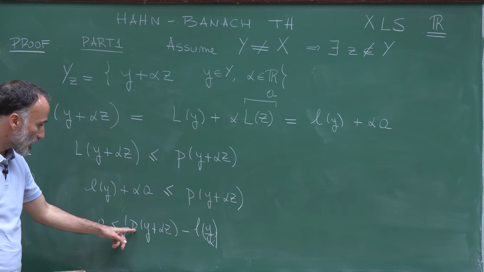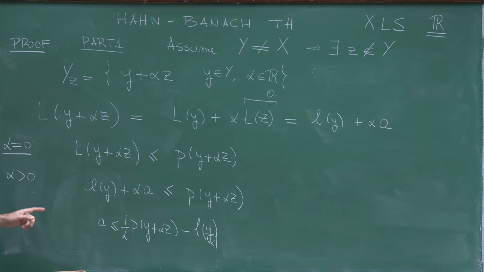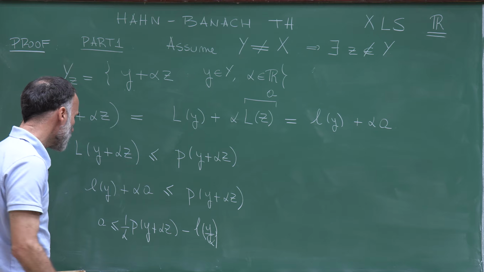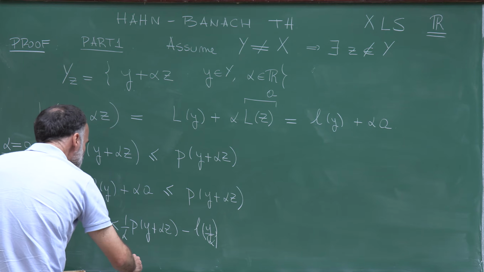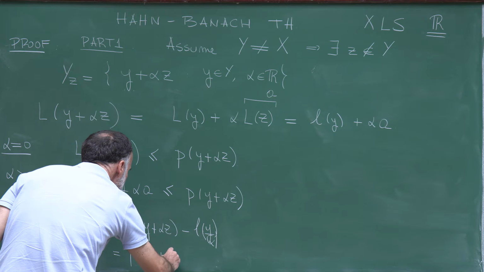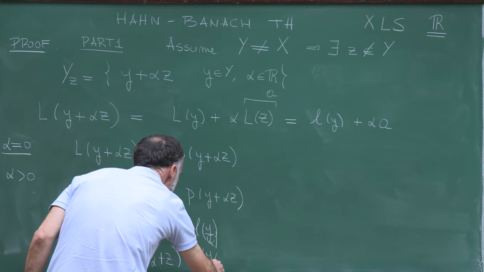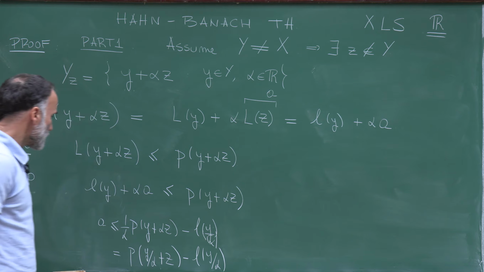Now I can use the fact that p is positive homogeneous. Since alpha is positive, I can insert alpha inside p, and this gives me that p of y over alpha plus z minus l of y over alpha.